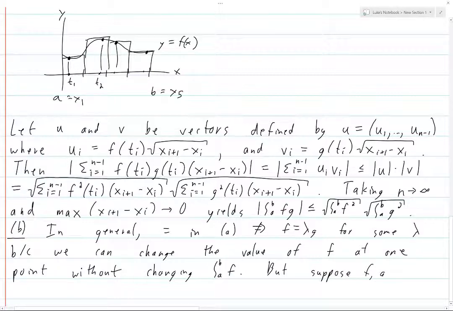suppose f and g are in fact continuous. And there is no lambda in R such that f equals lambda g.